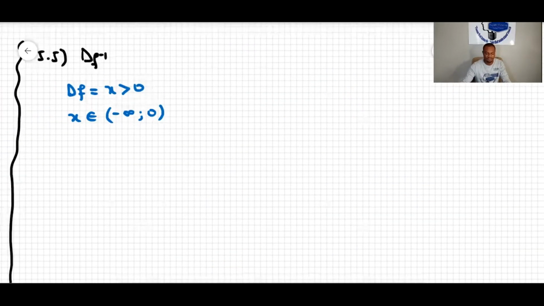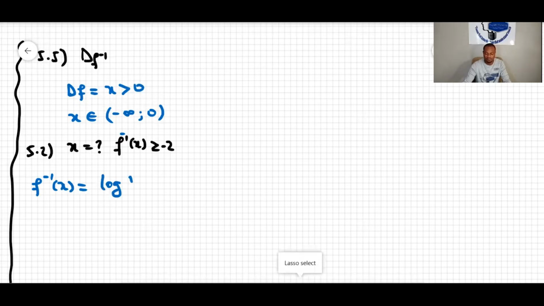So we're looking for the values of x for which f minus 1 will be greater than or equal to -2. f minus 1 of x is given by log of x base a quarter. So we're going to say log of x base a quarter is greater than or equal to -2.